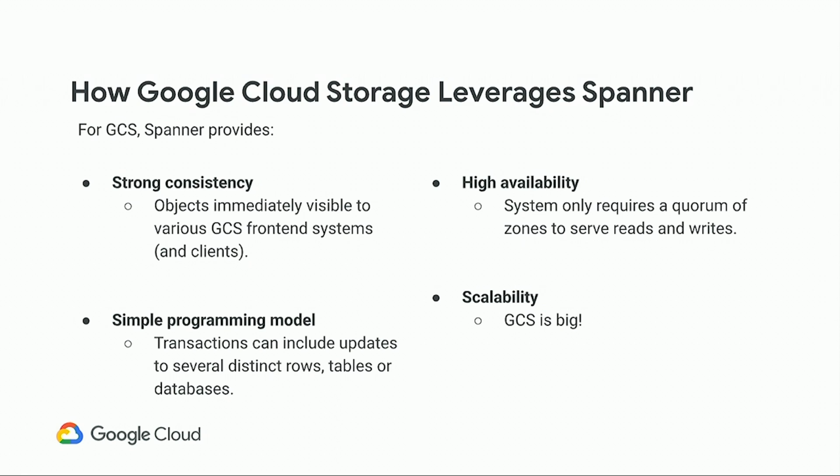And that allows us to provide our own user-visible consistency semantics much more simply. It's certainly possible for storage systems to offer the kind of strong consistency that we offer without a strongly consistent database, but that would add tons of complexity.